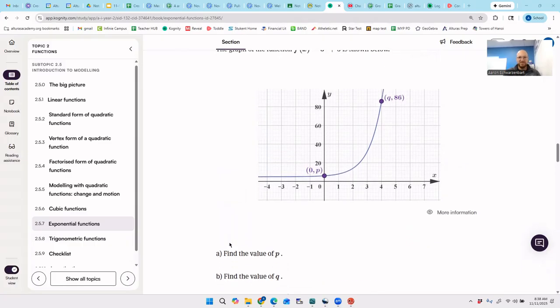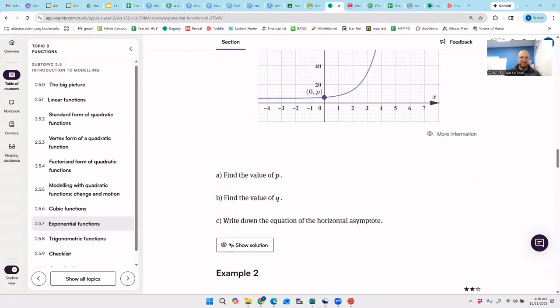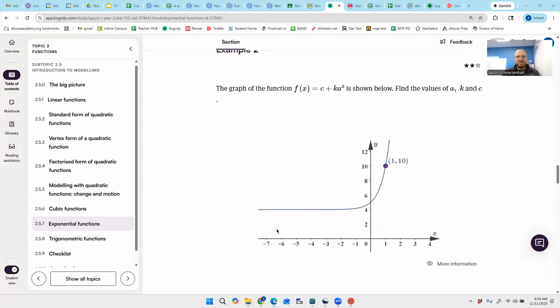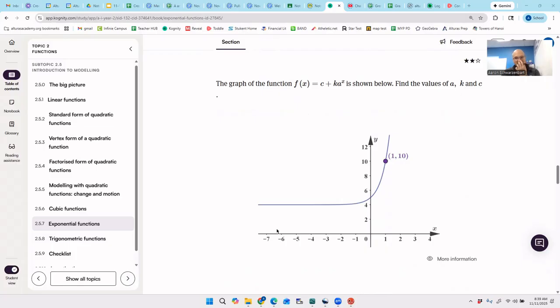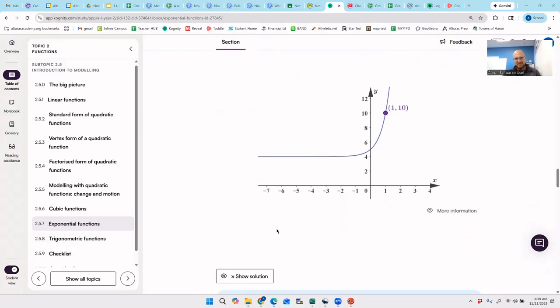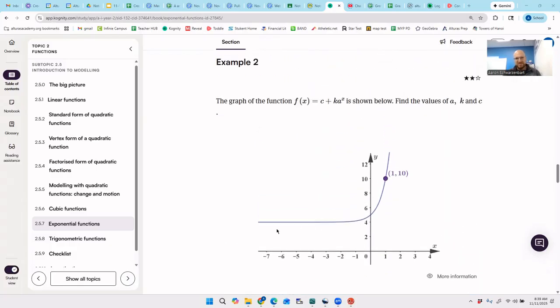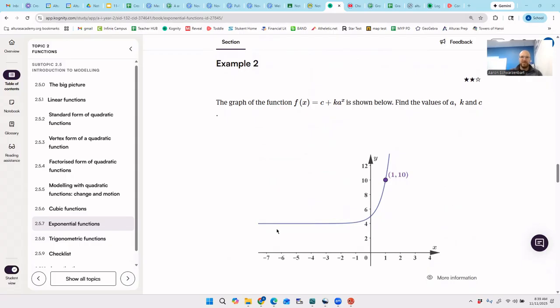The horizontal asymptote is just y equals 5. It's by default 0. The plus 5 made it y equals 5. The graph is shown. Find the values of a, k, and c. They give me 1 point.